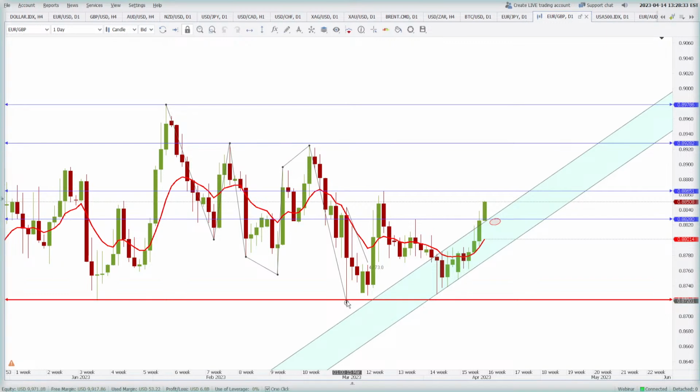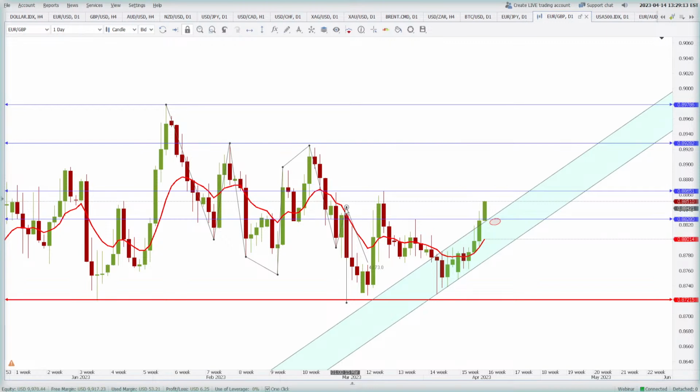Now after making this lower low, guys, actually I'll show you what was the problem here. I'll show you something. You see, after making this, this was the lowest low.